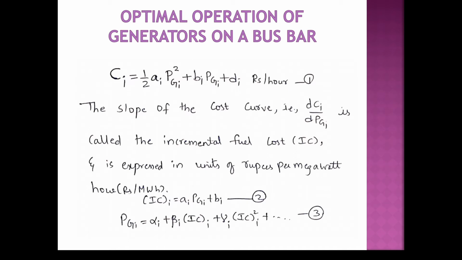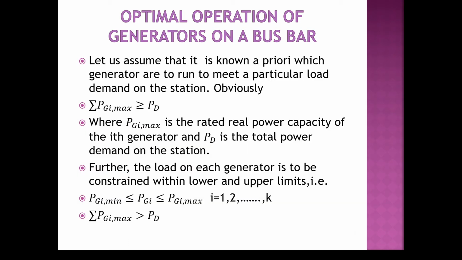So we have a linear relationship here, IC_i is equal to a_i P_Gi plus b_i. We are approximating the cost curve as quadratic in equation 1. What is P_Gi here? P_Gi is alpha_i plus beta_i IC_i plus gamma_i IC_i squared and so on. This is my third equation.